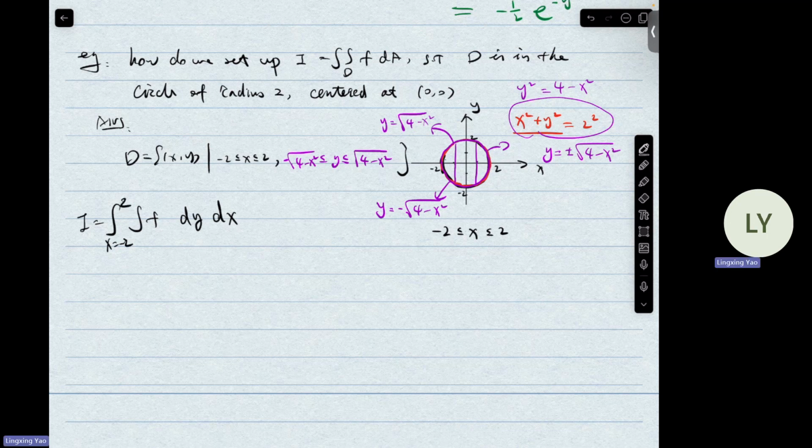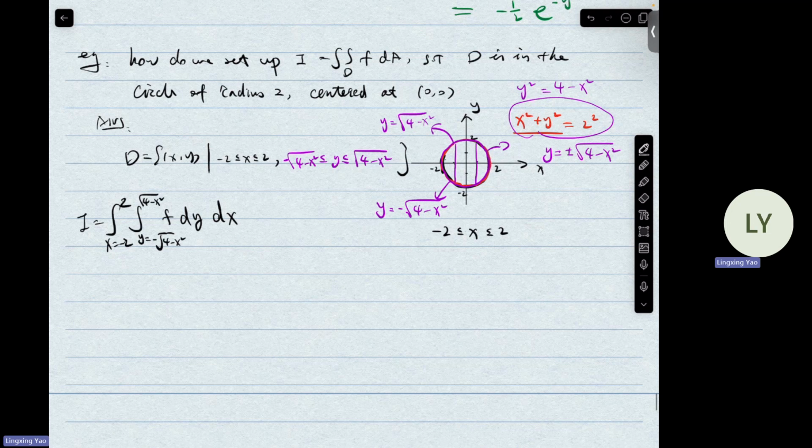And y is between what? Well, y is between negative square root of 4 minus x squared and positive square root of 4 minus x squared. This is not too easy, right? But let's think about it.